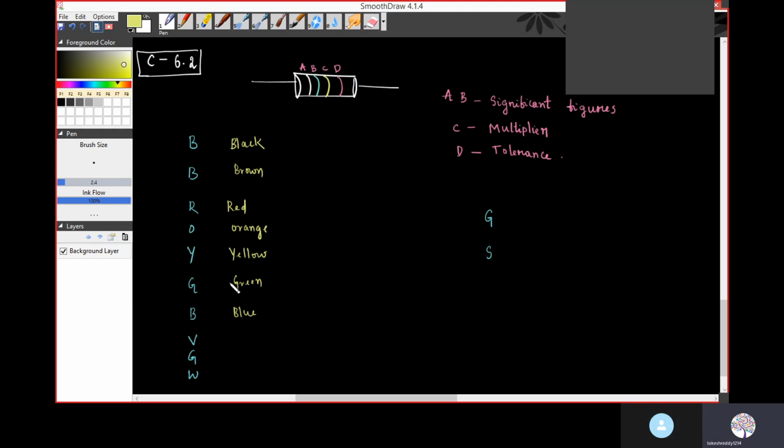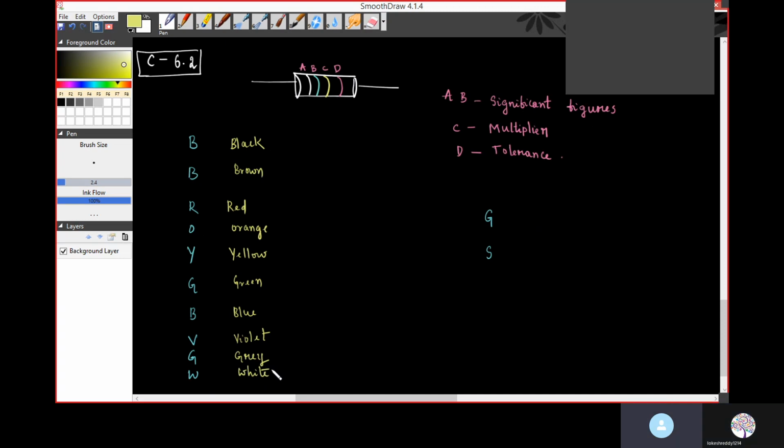So first black, then brown. Then V violet, G gray, and W means white.